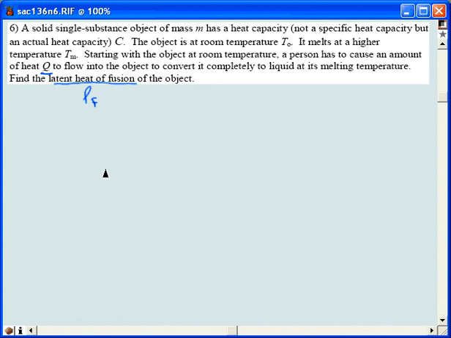Let's go with that. So the given amount of heat Q has got to be equal to the amount of heat it takes to warm it up to its melting temperature, I'll call that Q1, plus the amount of heat it takes to melt it at the melting temperature.